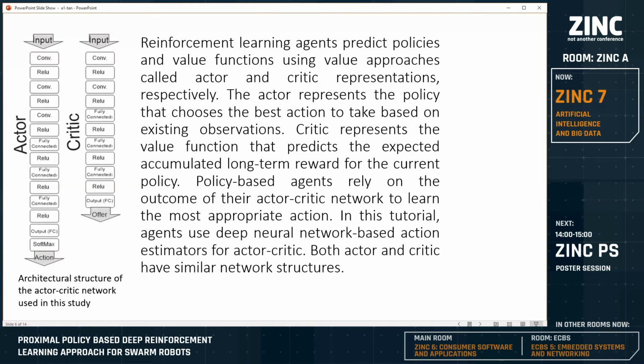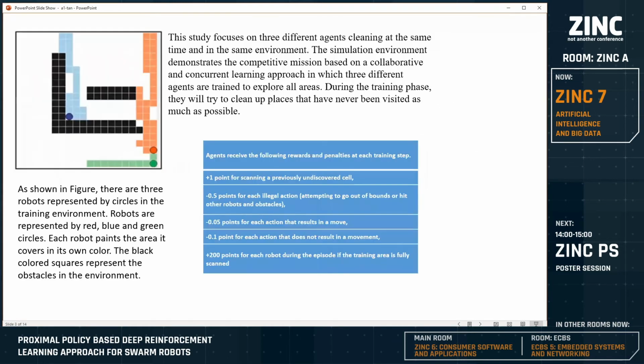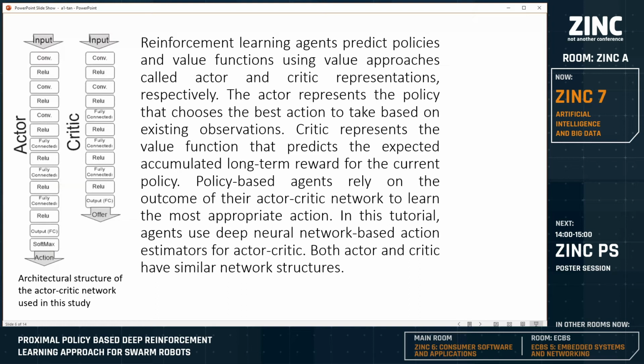Critic represents the value function that predicts the expected accumulated long-term reward for the current policy. Policy-based agents rely on the outcome of their actor-critic network to learn the most appropriate action. In this tutorial, agents use deep neural network-based action estimators for actor-critic. Both actor and critic have similar network structures.